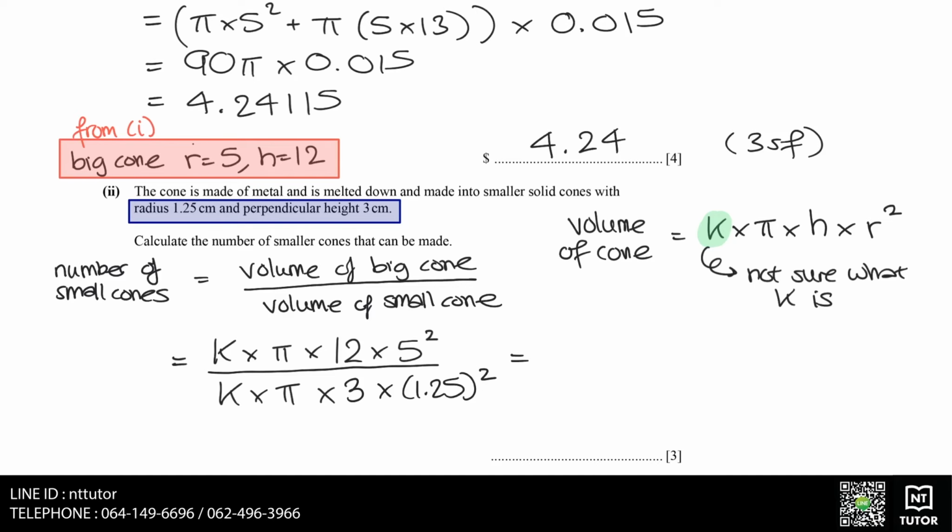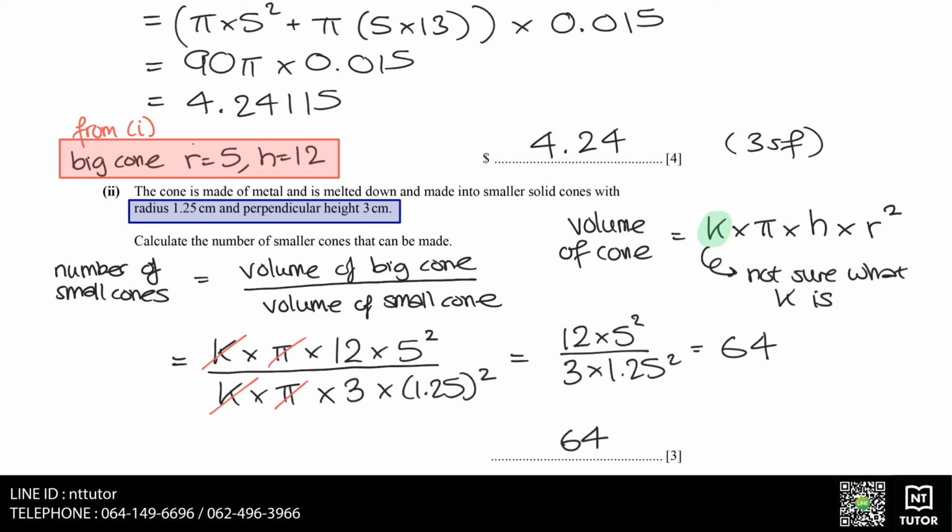And as you can see, the k and the pi cancel out because we can divide the top and the bottom by k and pi, so it doesn't really matter what value k is. And therefore, the volume of the big cone divided by the volume of the smaller cone equals 64. This means that we can make 64 smaller cones from that one big cone.